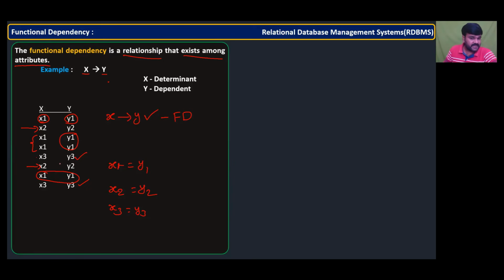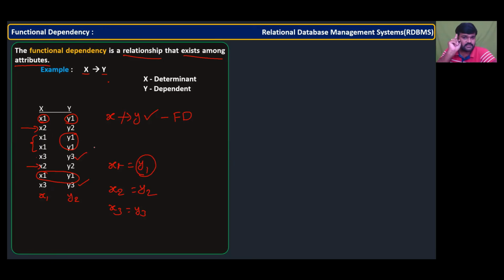So for example, when is this relation false? Simple: for example, if for some value X1, in all places it is deriving Y1, but in one of the rows X1 is deriving, for example, Y2, then you should not place this relation.